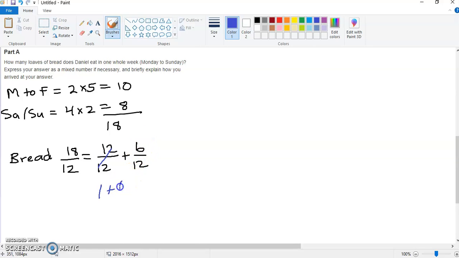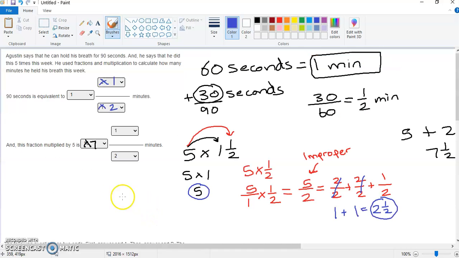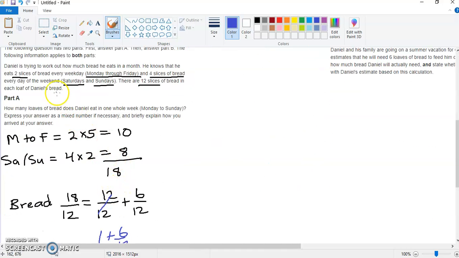And then he eats another 6 out of 12. Well, 6 out of 12 is special because 6 is half of 12, so that's the same thing as 1.5. So every week Daniel will eat 1.5 loaves of bread. Okay? So every week Daniel eats 1.5 loaves.